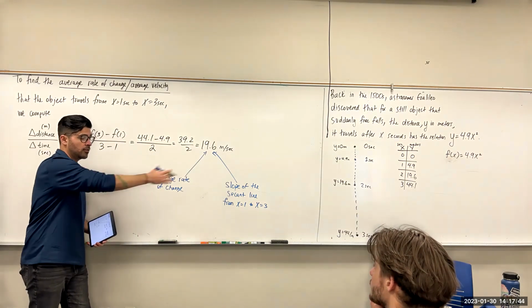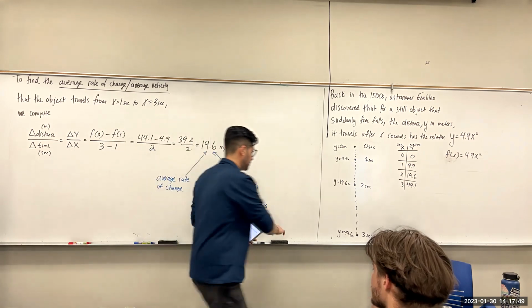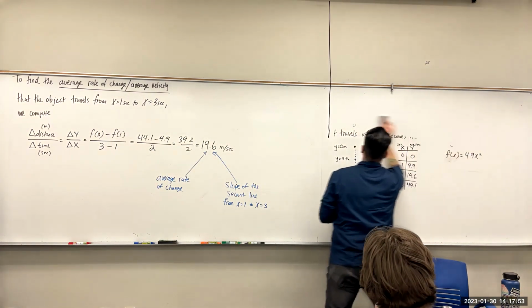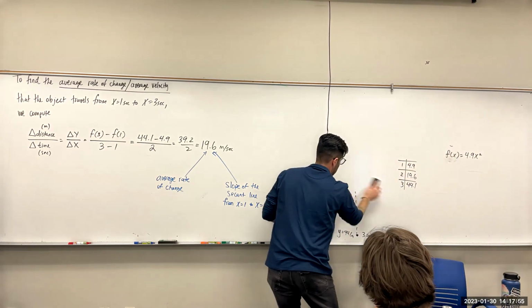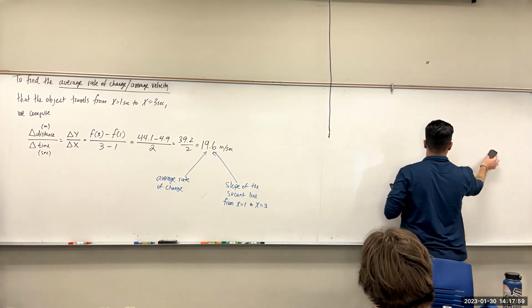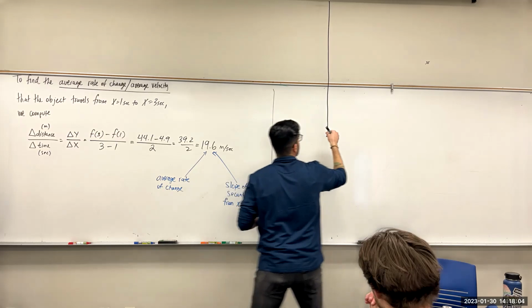Those two things are the same, they equal the same value. And so that was just this particular example that we were looking at to kind of motivate what's happening.